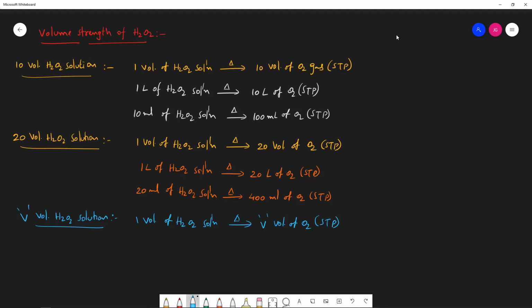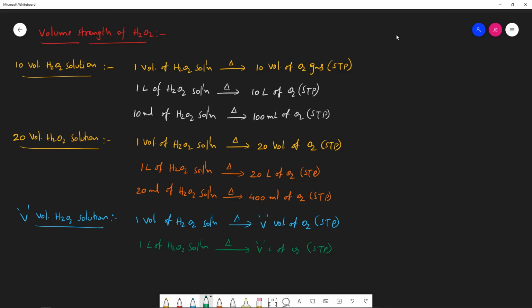Am I right? If I take 1 liter of H2O2 solution labeled as V volume strength, this is going to produce V liter of O2 at STP. So this is the way we have to understand the definition of the volume strength of H2O2.